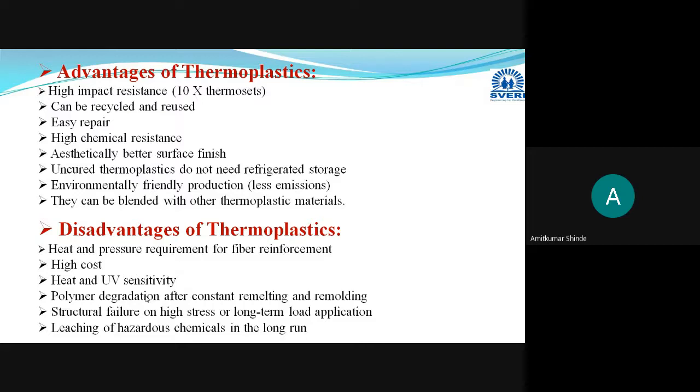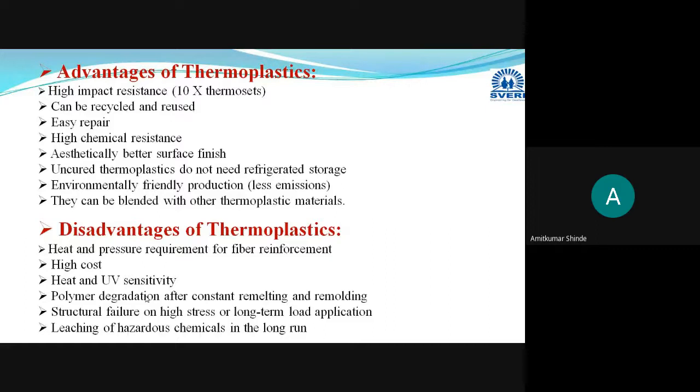Leaching is nothing but along with some liquid, some hazardous materials will get carried. For your better understanding, it may get contaminated, some chemicals may get added, like dust getting added to water.